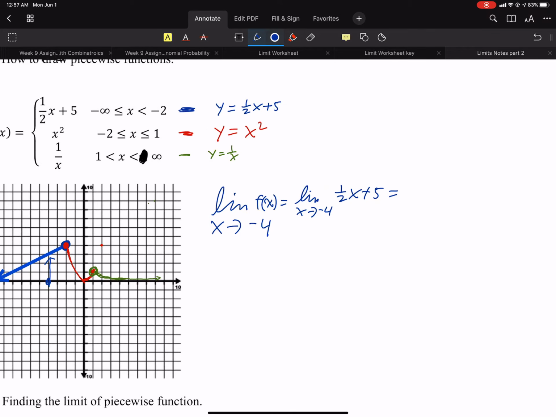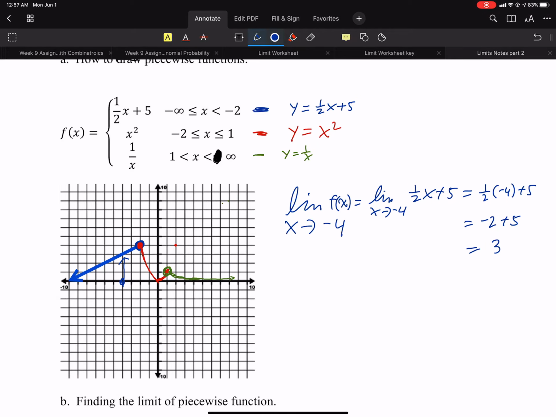You plug in. Now, that's a polynomial. So we learned if you have a polynomial, to find the limit, you just plug in the number. And that's going to be negative 2 plus 5, which is 3. There we go. That one's not bad.